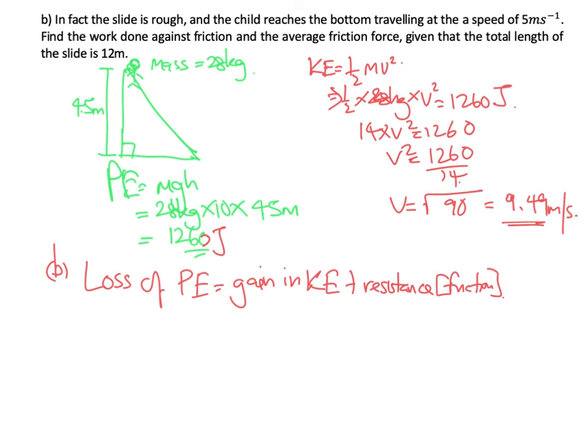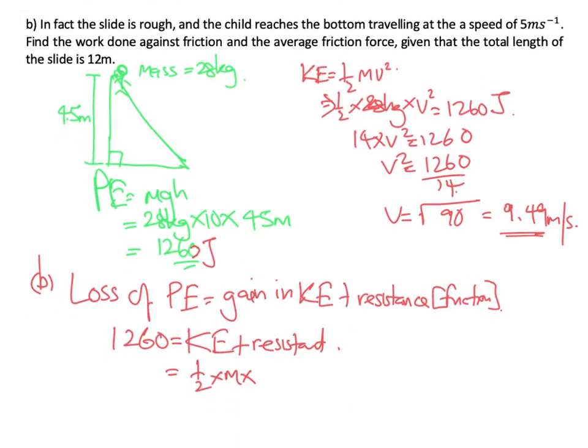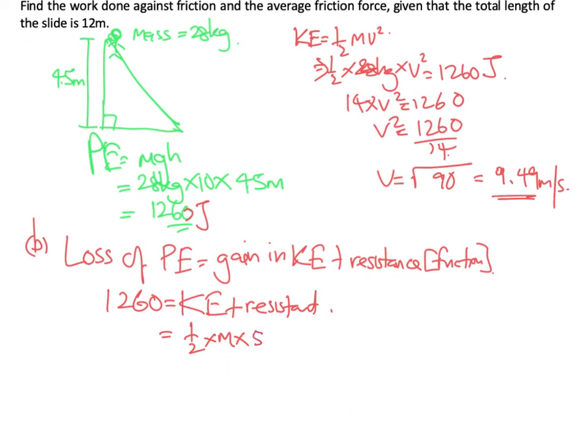So the loss in PE, from 1260, equals the kinetic energy plus the resistance. What is the kinetic energy? Half times m times v square. V here is 5 meter per second, so 5 square, plus the resistance.